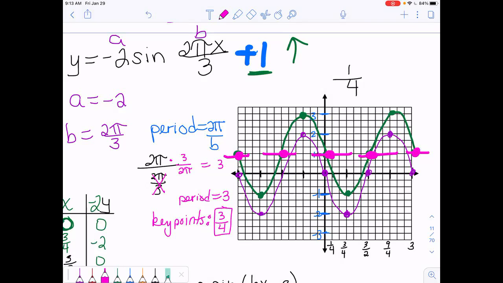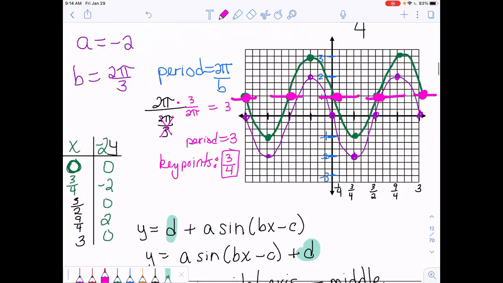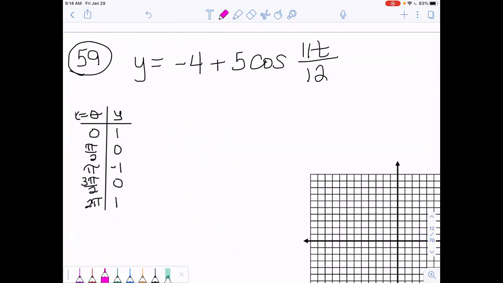So as I said, I wanted to start the homework with you today. And I thought I would do 59. The first problem is actually 56, but I'm going to let you do that one because it didn't have a vertical shift. And I just wanted to do one more with you so you could kind of see the vertical shift. So however you keep your homework, if you want to open a new slide, I have the problem up here already written down. It's a cosine function, so we could do a cosine function together since we just did a sine.